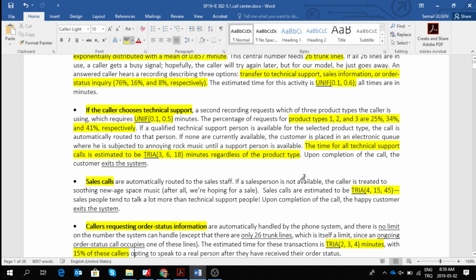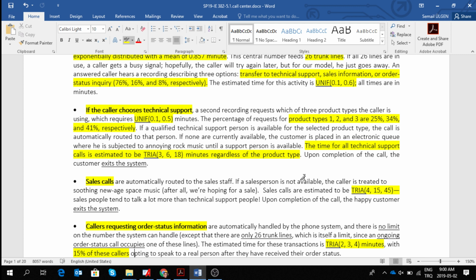So let's say the caller is interested in technical support. Then a second recording requests which of the three product types the caller is using. Each of these is going to last uniformly 0.105 minutes.